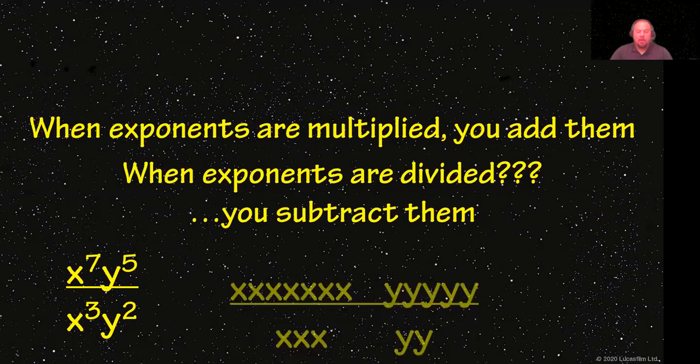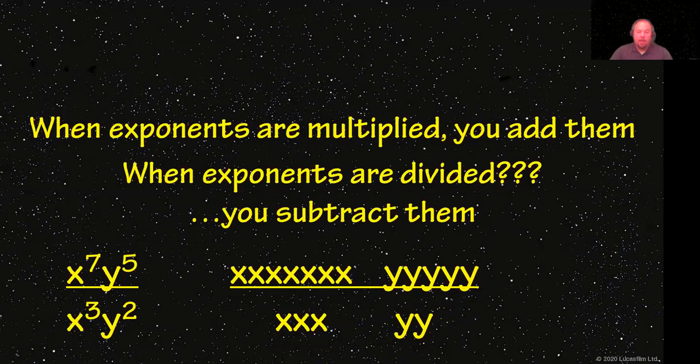We look and see how many x's do we have? There's 7 x's. There's 5 y's. We have 3 x's and 2 y's on the bottom. So I'm going to take these 3 and mark them out, and I'm going to take these 3 and mark them out. And that's going to leave me with 4 x's.